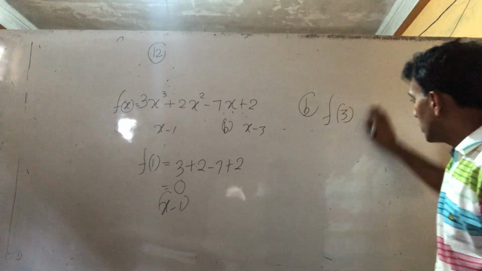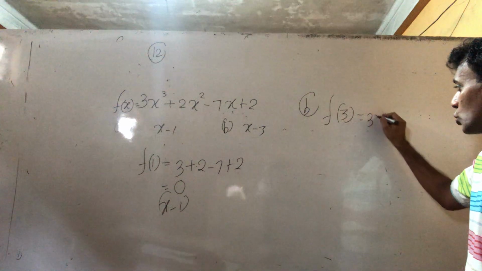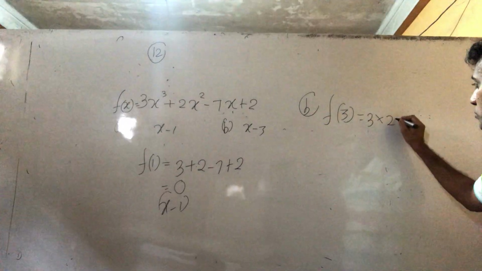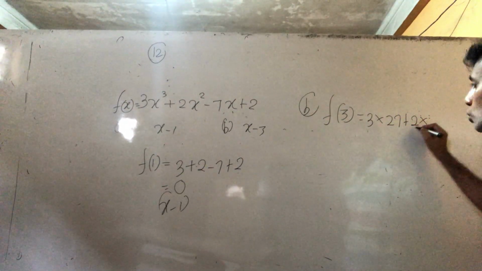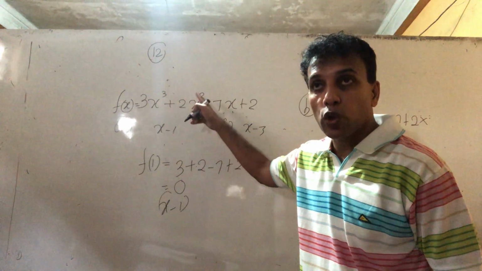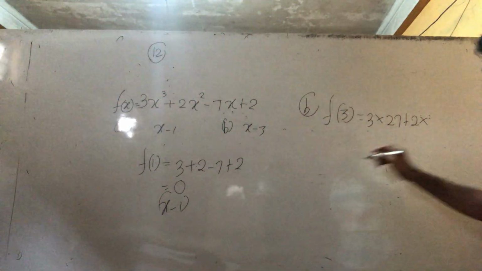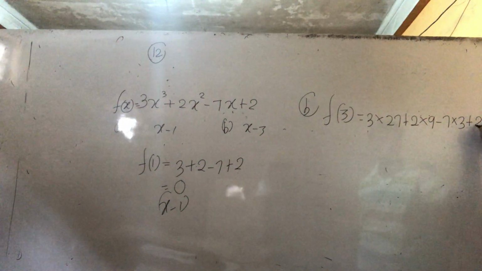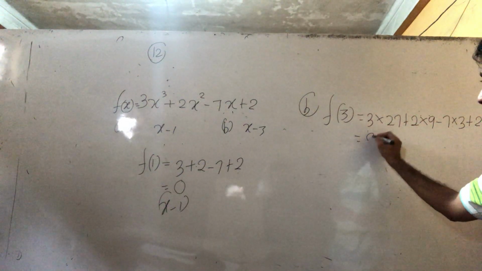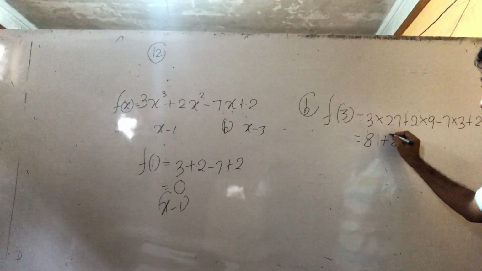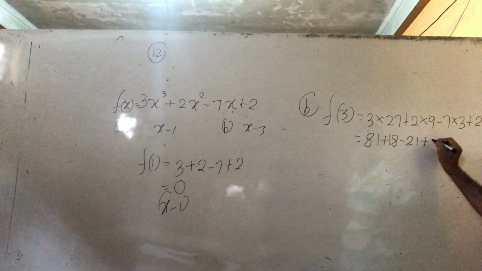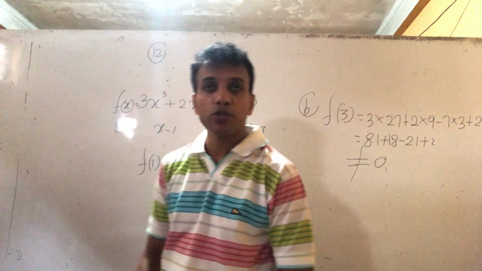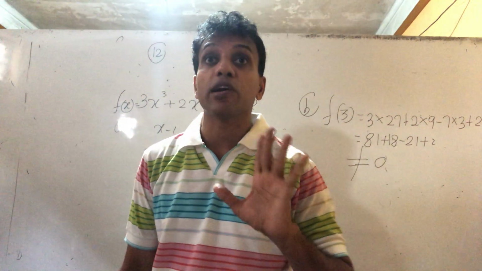This gives 3 into 3 cubed, which is 27, plus 2 into 3 square, which is 9, minus 7 times 3 plus 2. That is 81 plus 18 minus 21 plus 2. It won't come 0. Not equal to 0. Therefore, x minus 3 is not a factor.